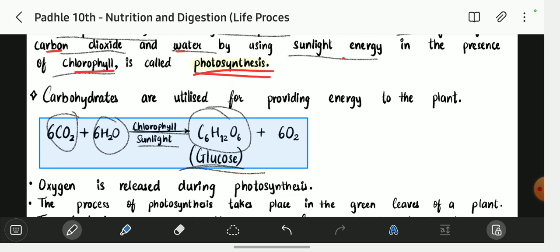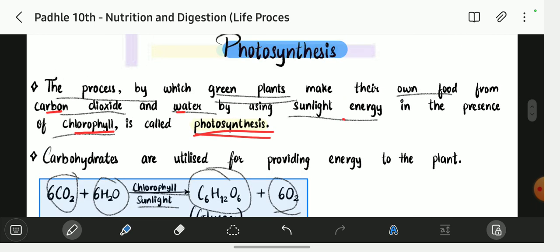Okay, it has been written down that it is glucose, as many of them forgot this chemical equation. So it is C6H12O6, which is glucose. Not only glucose is formed, oxygen is also formed.